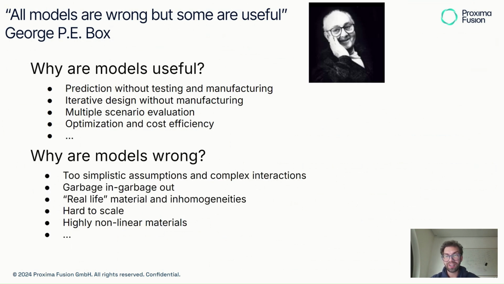You can predict with your analysis, but of course models can really be wrong. And this garbage in, garbage out means that we don't know what to put in and we don't know what we look at. There are real-life material inhomogeneities. And again, to stress the point of the slide before, such models are hard to scale and involve highly nonlinear materials.